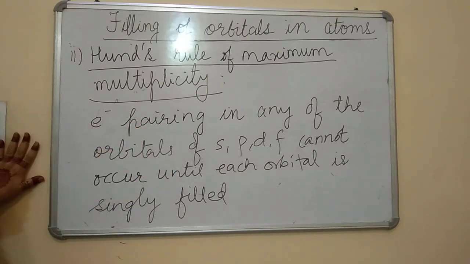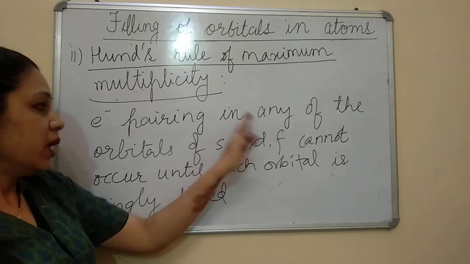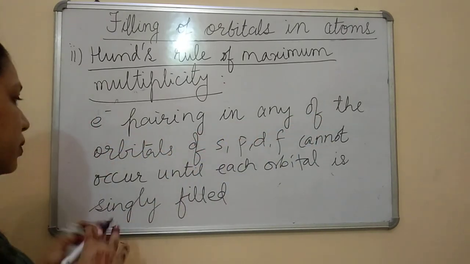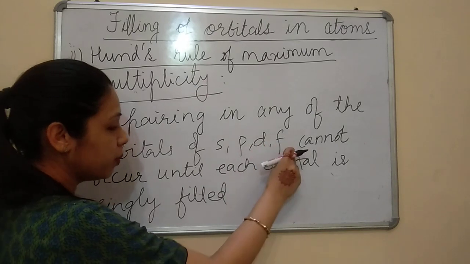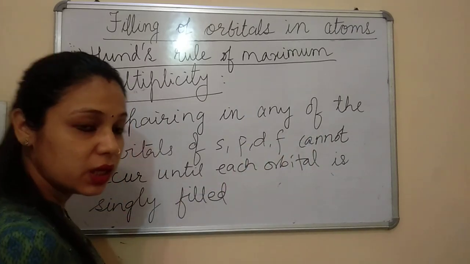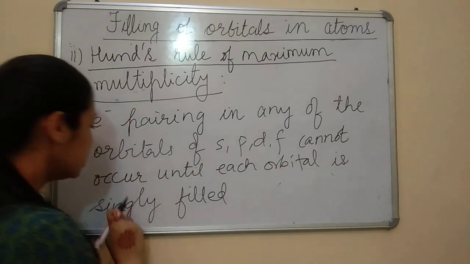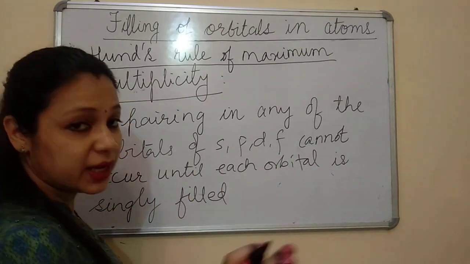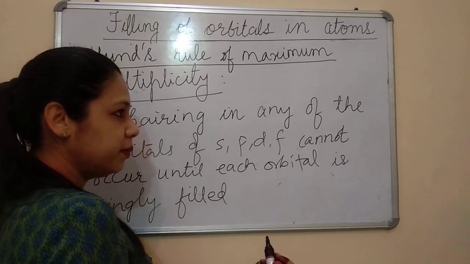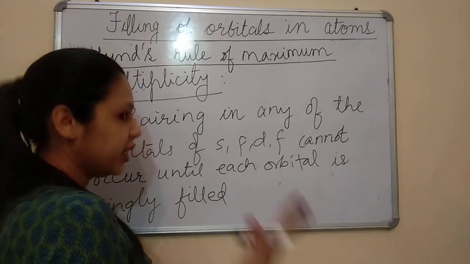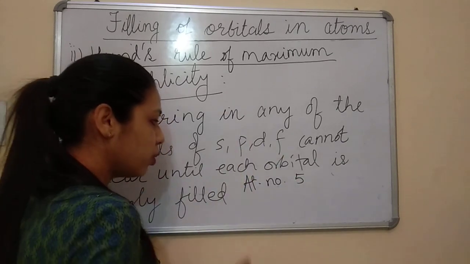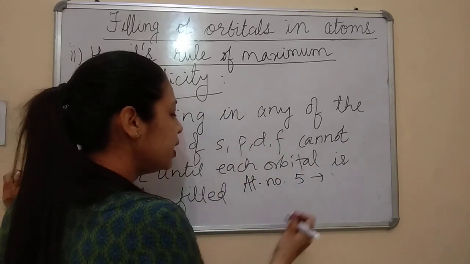Electron pairing. If you want to pair electrons in any of the orbitals, whether it is an s orbital, p orbital, d orbital or f orbital, then electron pairing will not be possible until every orbital is singly filled. For example, if I take any atom with atomic number 5, how many electrons will we have, children?